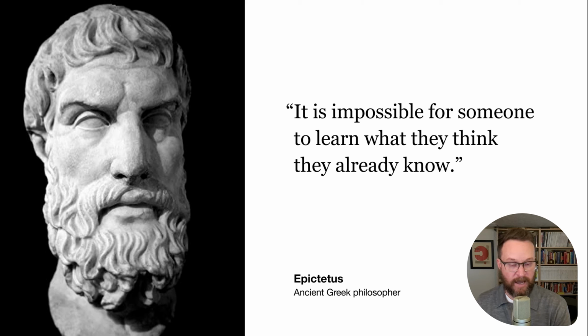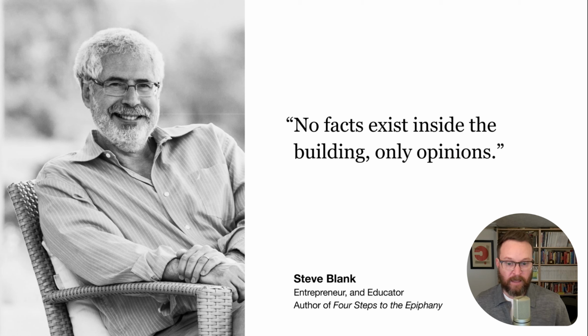And so that's what's happening: there's a small group, or maybe even a handful of influential individuals, that think they know what to build and are telling the company what to build. You have to remember that no facts exist inside the building, only opinions. These requirements and these directives come down as facts, but if there's no evidence, they're only opinions. The evidence exists outside the building.